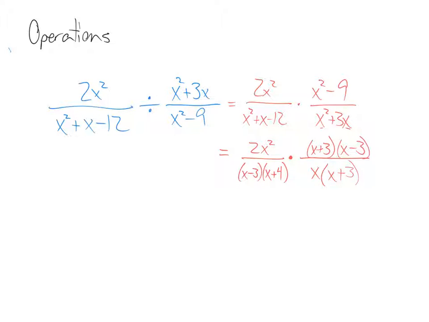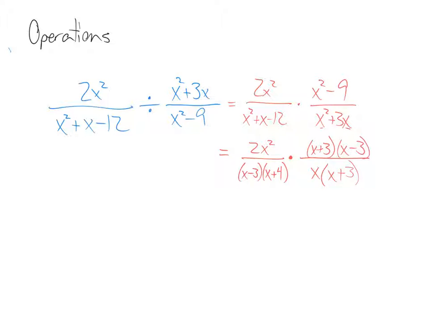Now notice, all of this is multiplication. All the numerators and denominators have multiplication between those parentheses, and the two fractions also have multiplication between them. So you can cancel out anything that's the same on the top and the bottom. What's something we can cancel?